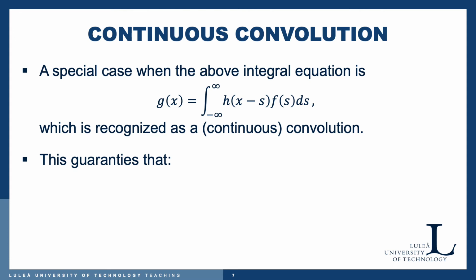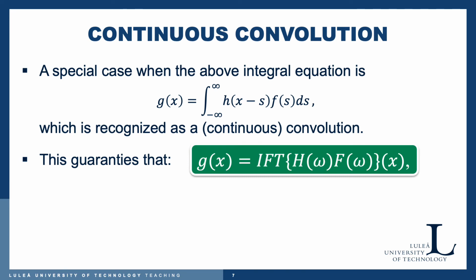And what is nice with this is that it guarantees that you can take the Fourier transform of this kernel h. So lower letter h becomes capital letter H of omega when you Fourier transform it, and then you just multiply this with your Fourier transformation of f, you IFFT this, and you get g of x.